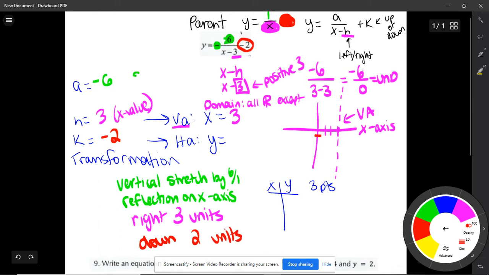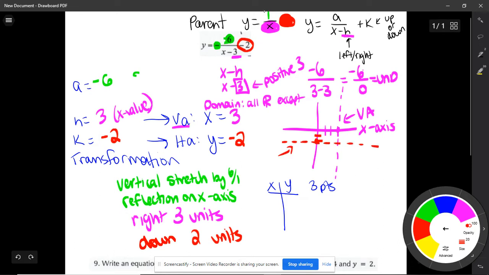So I'm going down 1, 2. And that tells me if I plug negative 2 in, I figure out I'm going to get an undefined answer as well if I solve for x. So if I know that I'm going to get undefined, my range cannot be negative 2. And to draw that asymptote, I know it's going through the y-axis, so it has to be a horizontal asymptote.